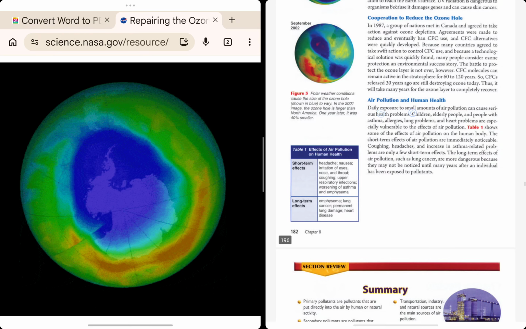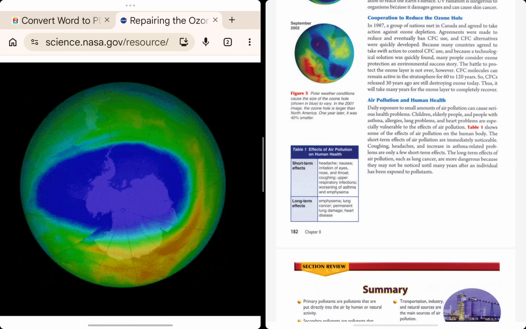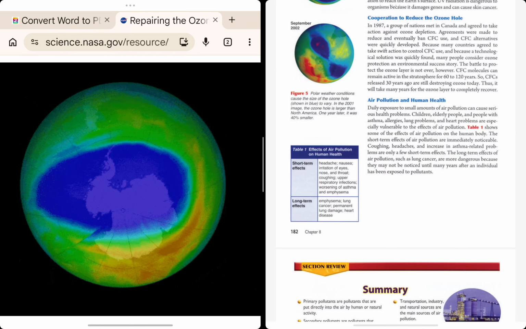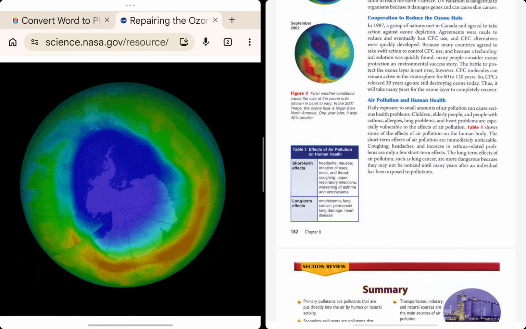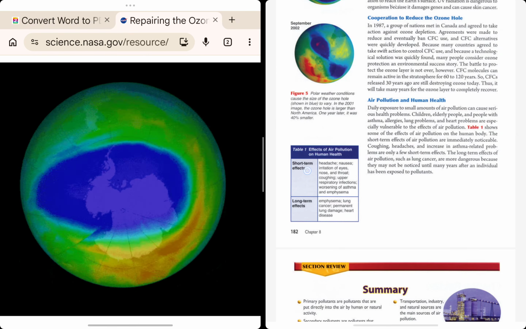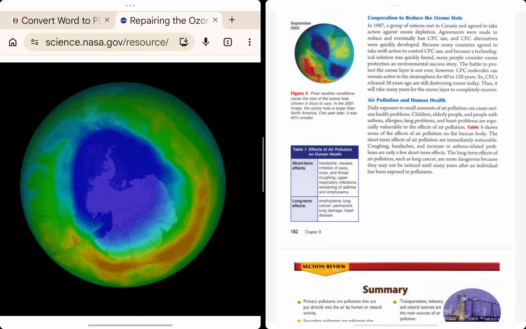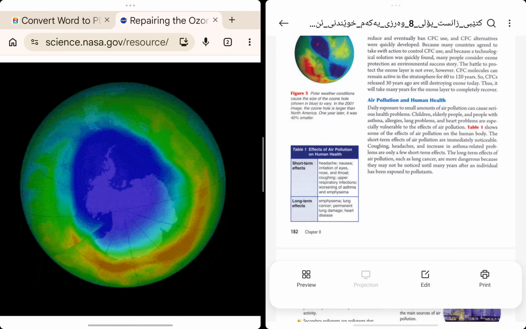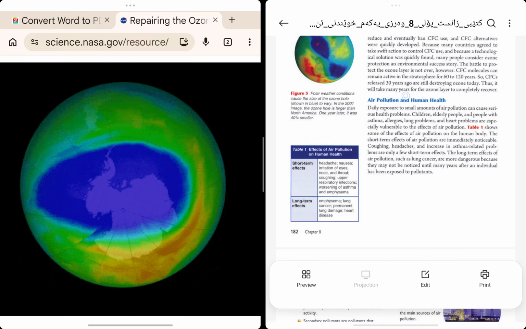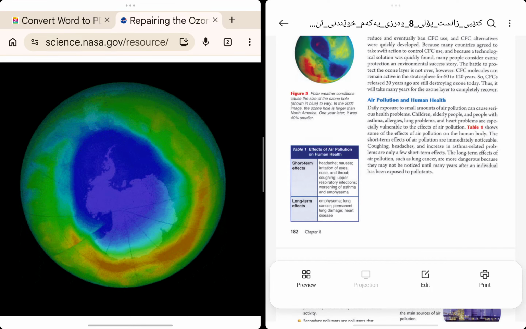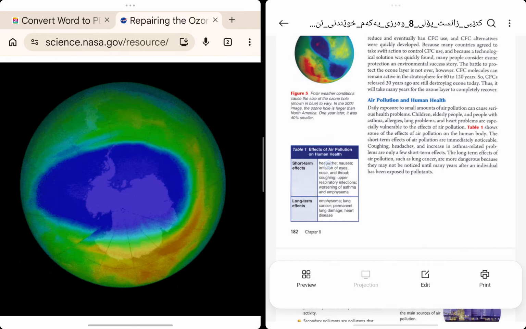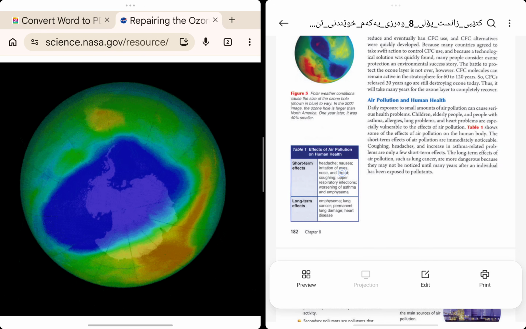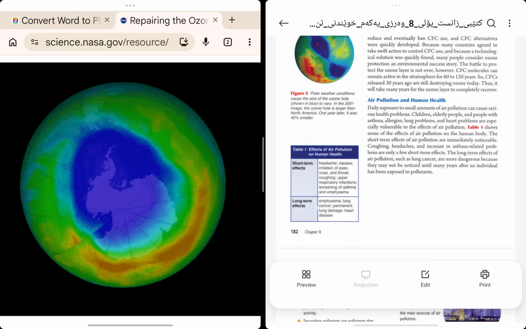So about air pollution and human health, dear students, you know that anything polluted can cause harm, as we talked about. Here we can talk about the short-term effects and the long-term effects. The short-term effects of air pollution on human health can be headache, nausea, irritation of the eyes, nose, and throat.